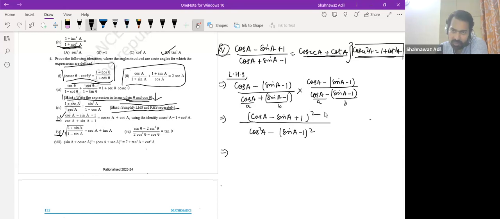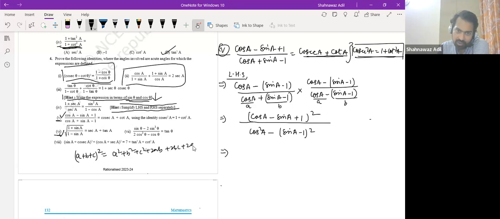What is a plus b plus c whole square? It will be a square plus b square plus c square plus 2ab plus 2bc plus 2ca. Yes, absolutely right. So this is what we'll get.